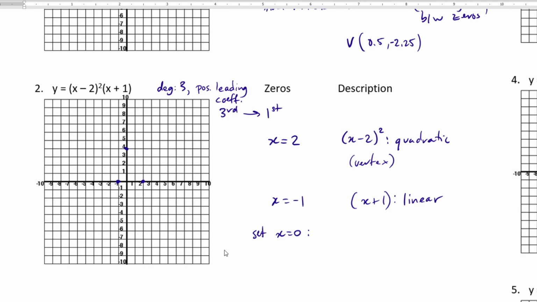So now I have enough information to draw a relatively accurate graph here. So it's coming from the third quadrant. It's going to go through this point right here, then to the y-intercept, and then it's going to curve back down, and it's going to behave like a quadratic right at this point.